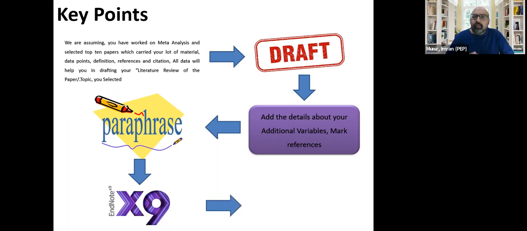EndNote I am briefing in the next slide, but I mention it here because of reference management. Whenever you complete your literature review with all variables, definitions, linking, relationships, and hypotheses, you will definitely add references. And beware, references don't mean that you will be copying the same statement from other papers.